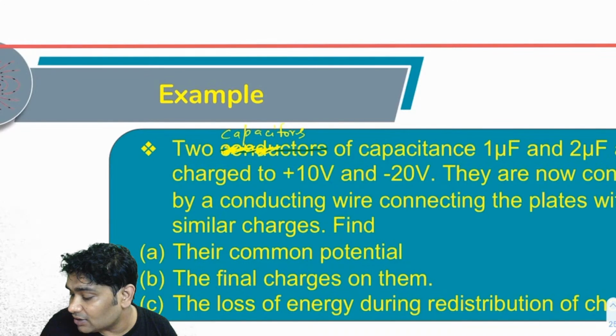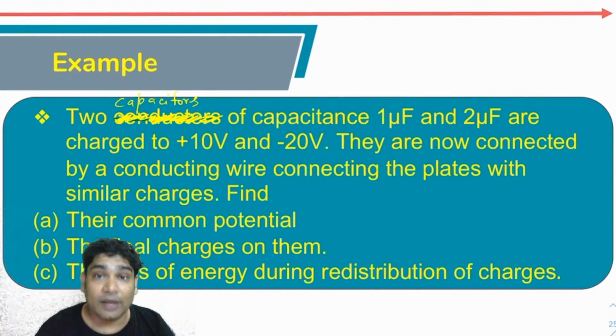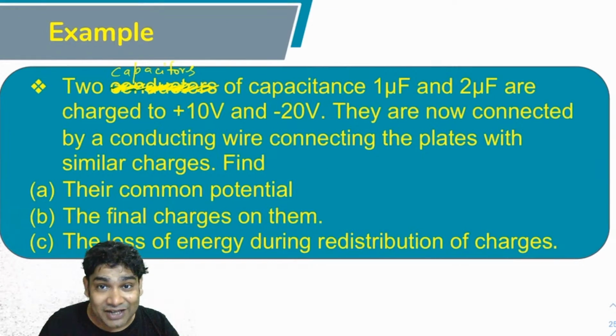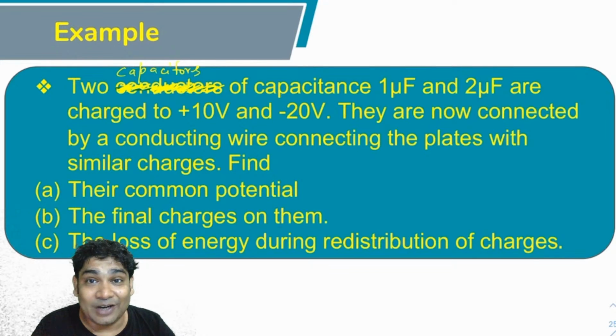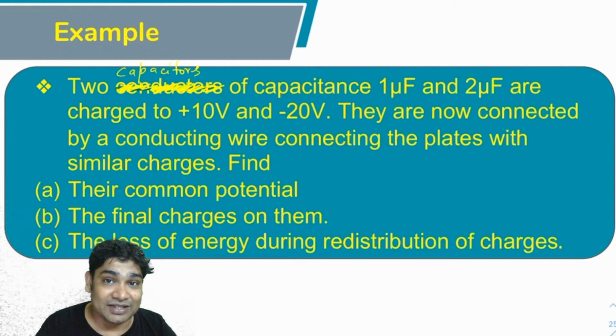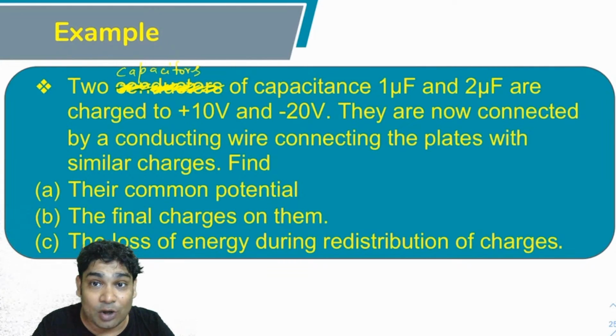Two capacitors of capacitance 1 microfarad and 2 microfarad are charged to 10 volt and minus 20 volt, and they are now connected by a conducting wire connecting the plates with similar charges. Find A, their common potential, B, the final charges, and C, the loss of energy during redistribution.